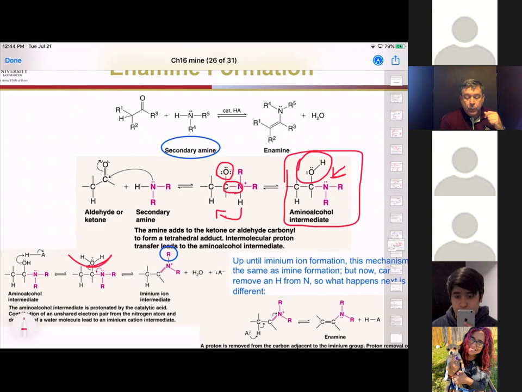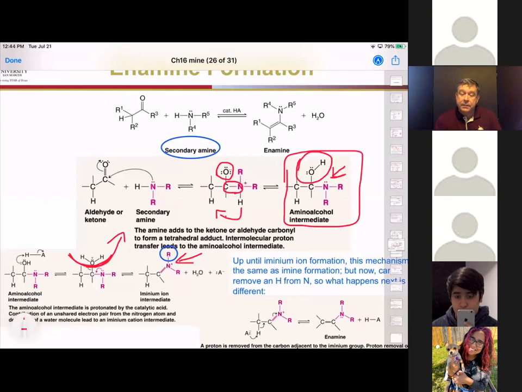When this water leaves, the electrons from the nitrogen kick in to form a double bond with the carbon. But notice this is a charged species. We have 4 bonds to nitrogen and a positive charge on nitrogen here. So this is not very stable.